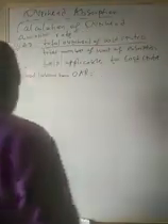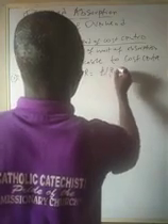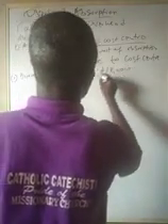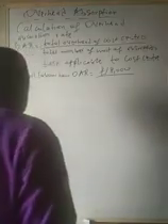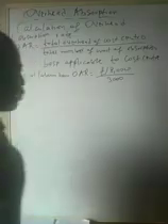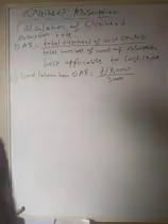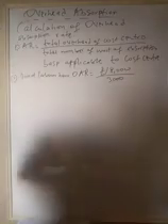For each of the bases, you apply the formula. What's total overhead? The question says 18,000 pounds, divided by the direct labor hours, that is 3,000. If you divide that, you arrive at 6.